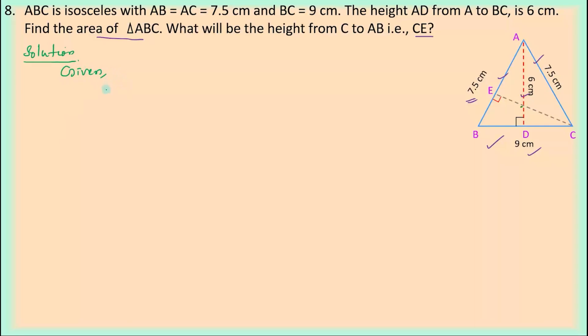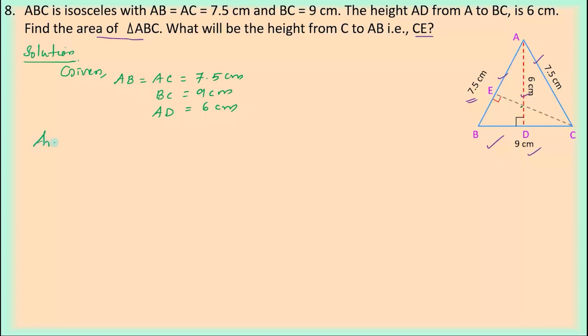Given side AB equal to side AC equal to 7.5 centimeter, BC equal to 9 centimeter and AD equal to 6 centimeter.